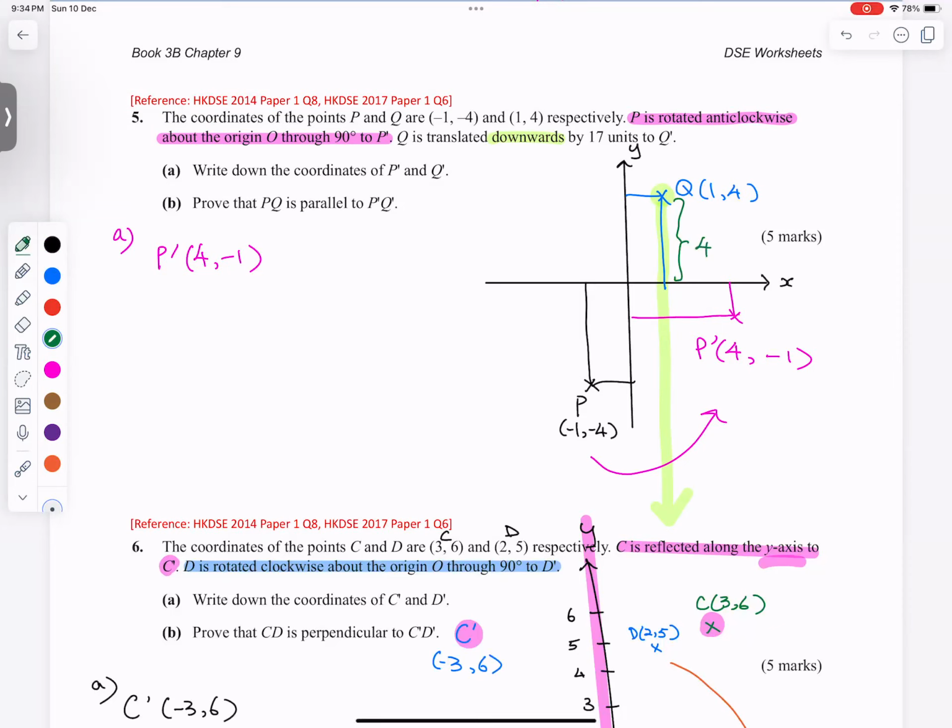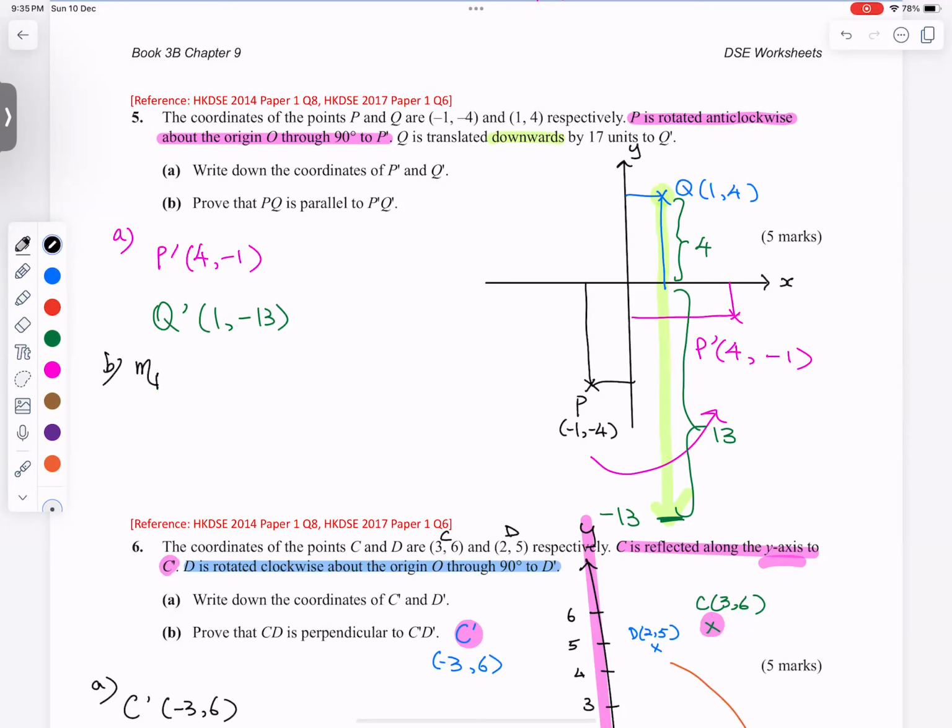How many more steps does it need? 13 more, because we need 17 in total. So it will be at negative 13. And then, of course, it's not suddenly getting thin or fat, so the x is not changing. After finding the coordinates, then we quickly do part B as well.